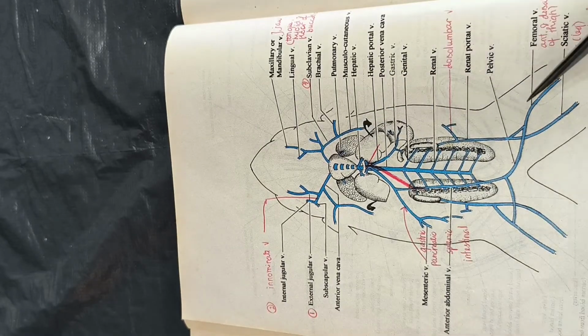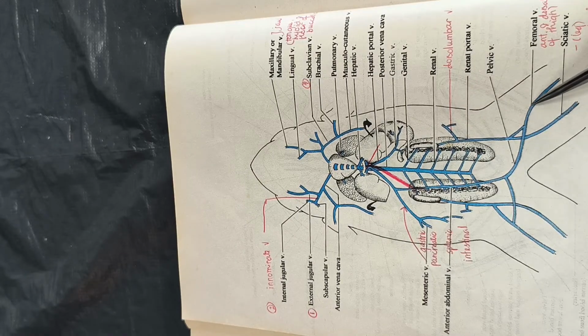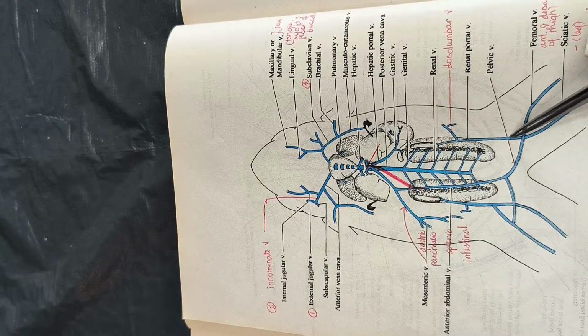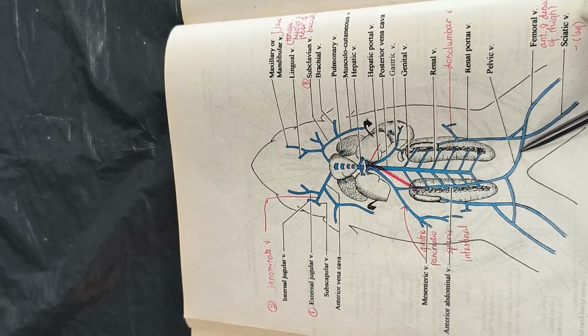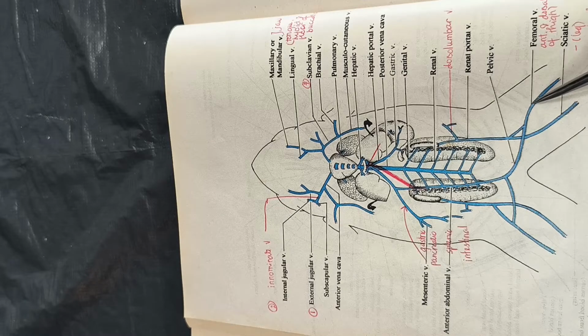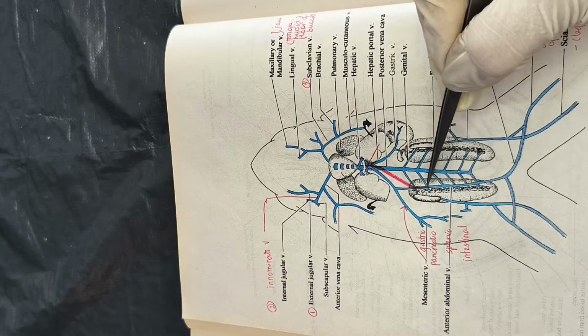Okay? Now going back from the femoral vein, this blood here actually can go back to the heart via two routes. So it could either be via the renal portal vein, or in this case, you have the pelvic. So from the femoral, blood goes to the pelvic, to the anterior abdominal vein, which directly opens.